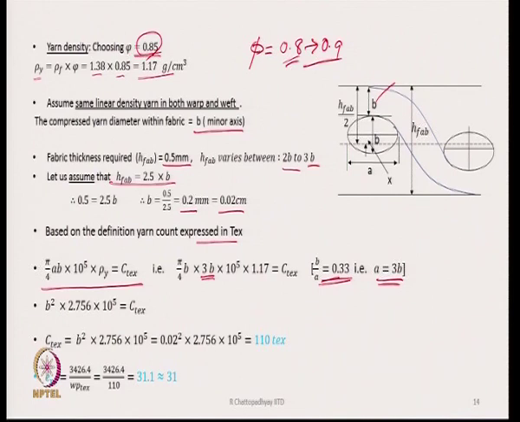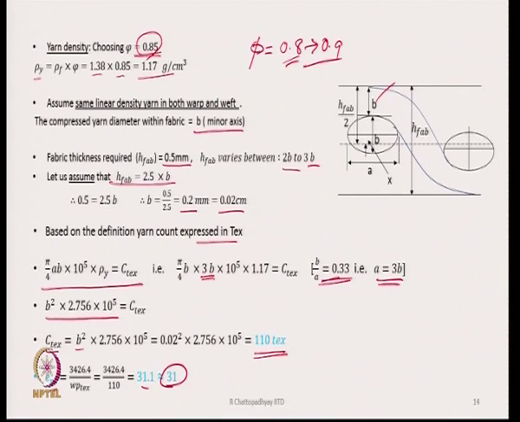With this, what we can write, that B square into 2.756 into 10 to the power 5 is the tex, and therefore, tex value of the yarn is going to be this much, that gives you a value 110 tex. And if this is the value of yarn count, the yarn ends per inch is going to be 31.